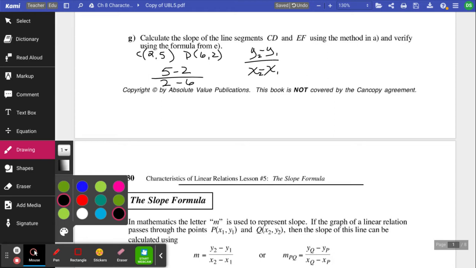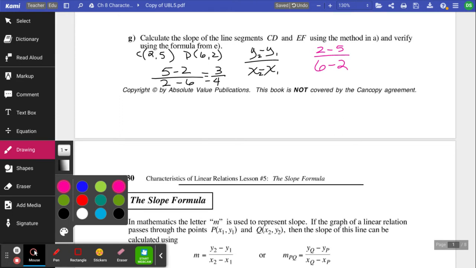So if we did it this way, we would get 3 over -4, correct? I'll prove to you that we could have done it the other way. We went 5 minus 2 for the y. I could have gone 2 minus 5, but then I would have to do 6 minus 2. Agreed? You got to start from the same place.